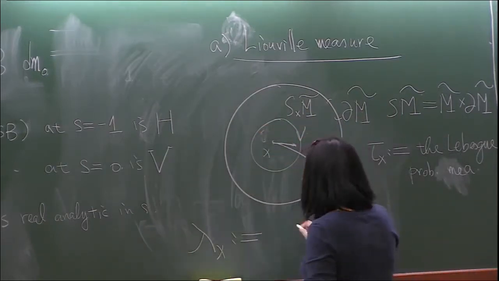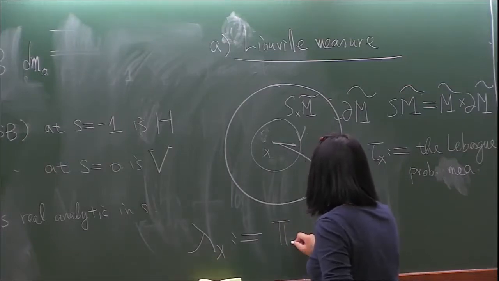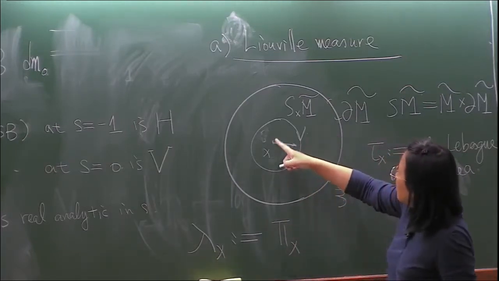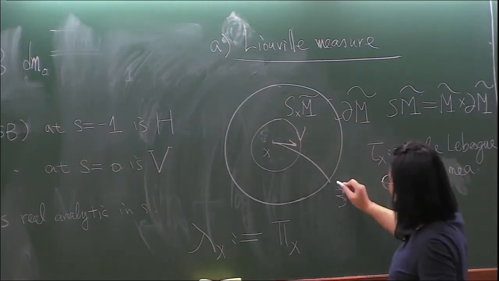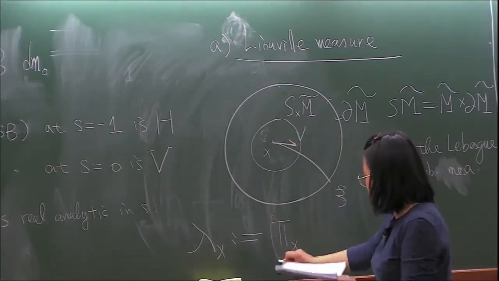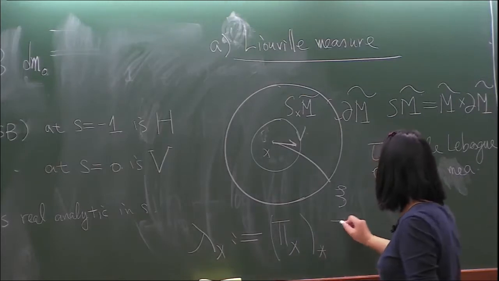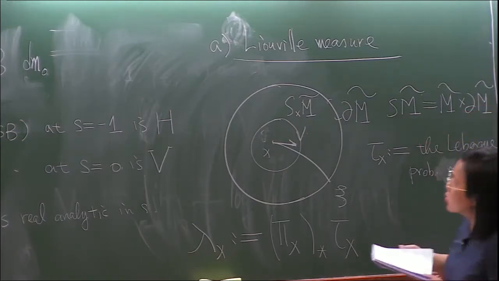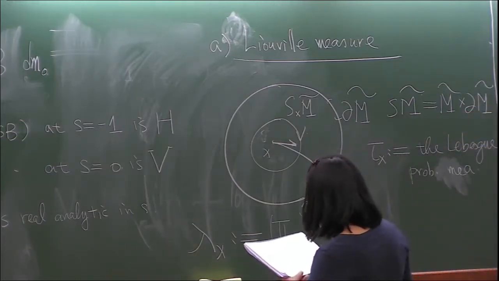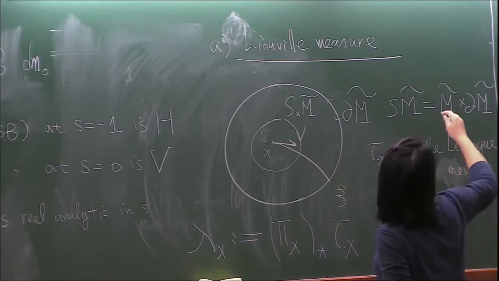So lambda x is the pullback of the projection from here to the boundary, so this is the pullback of this one, tau x. Okay? So you see what's the lift of this Lebesgue measure to SM tutor.